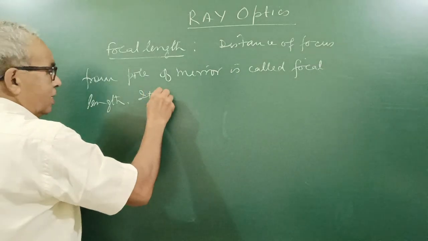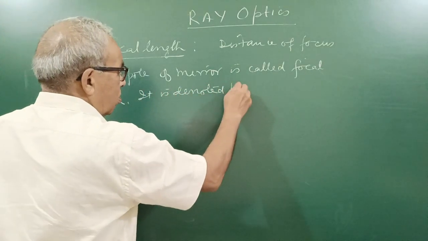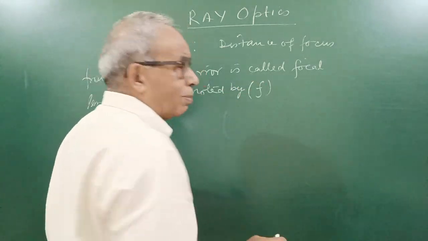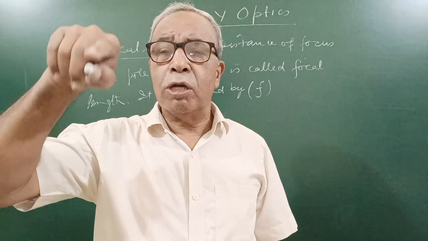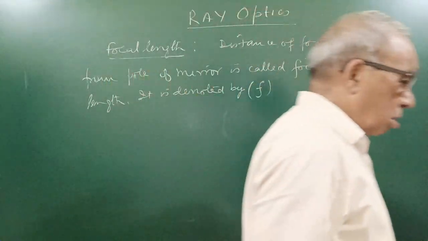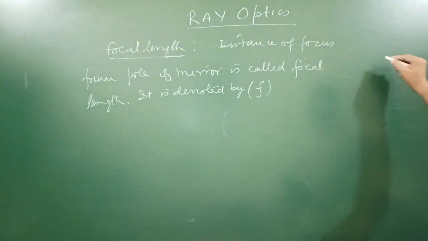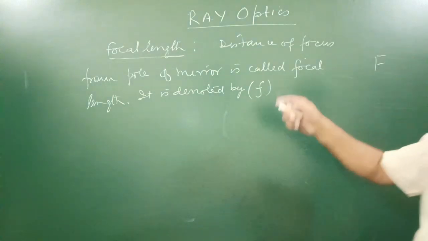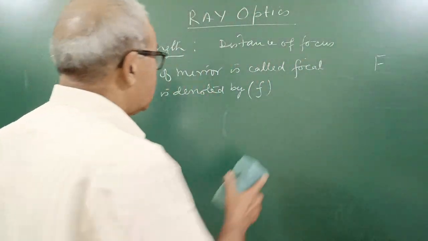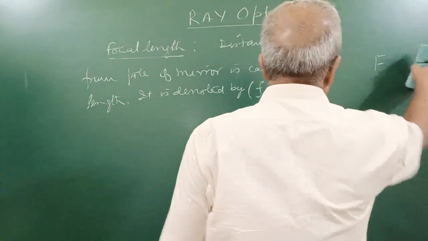It is denoted by small f. Capital F we use to mark the focus point, though sometimes people write capital F also. But generally focal length is represented by small f. This is the distance of focus from pole of mirror.